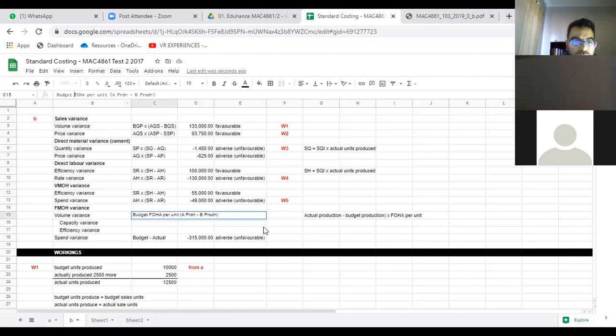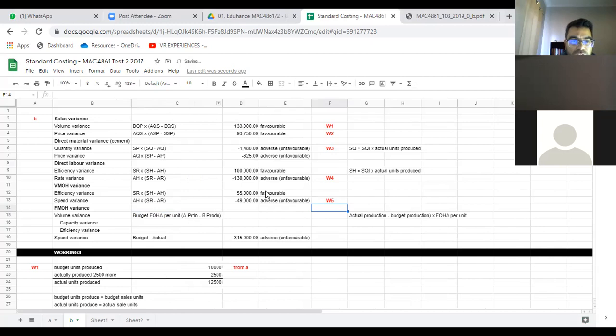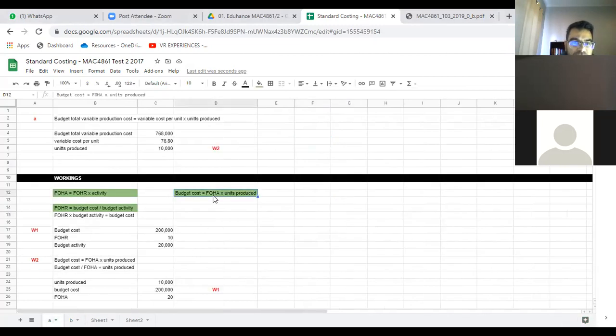So that's very important to understand. If you go to the scenario, the fixed overhead applied per unit. Remember what I told you over here: it's very important to distinguish between fixed overhead applied. So we're using fixed overhead applied per unit, which is 20 Rand.